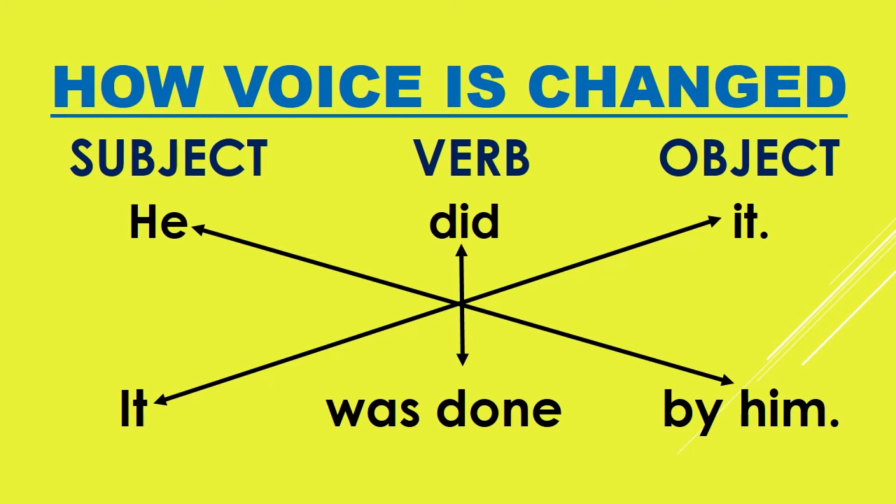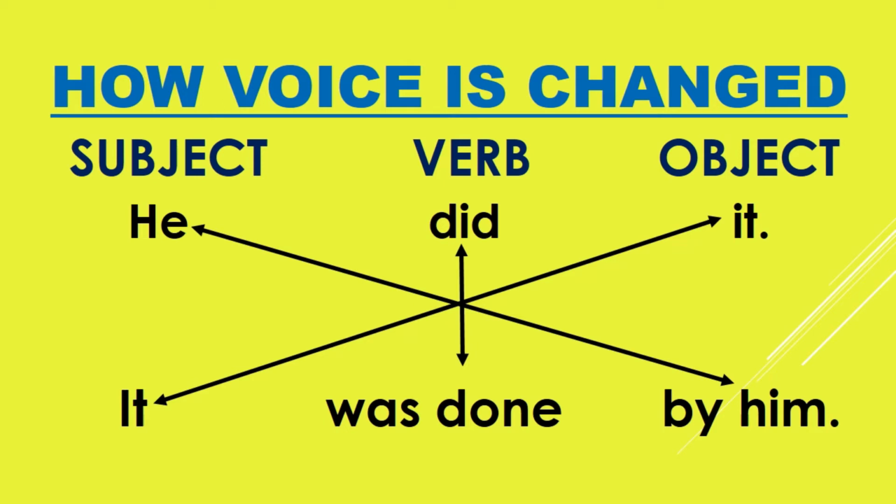Now what exactly happens in voice change? As you can see in the picture, the object becomes the subject in the passive voice and the subject becomes the object. So when we transform a sentence from active to passive, the subject of the active voice becomes the object in the passive voice, and the object of the active voice becomes the subject of the passive voice.